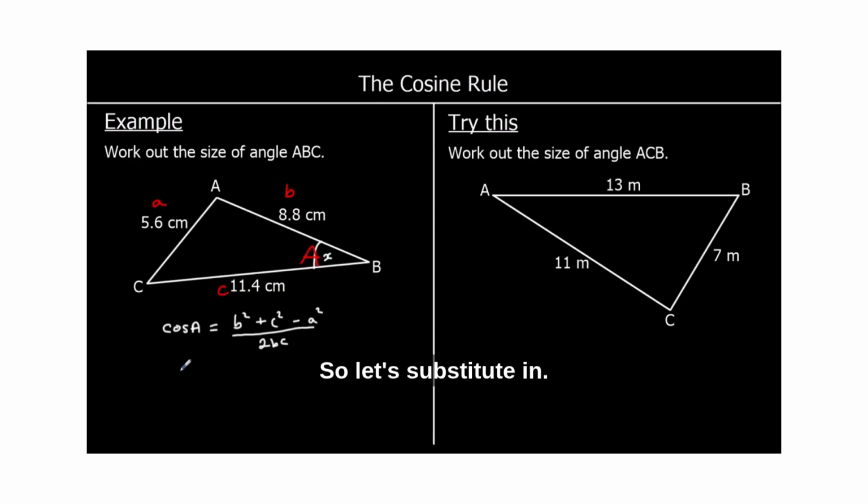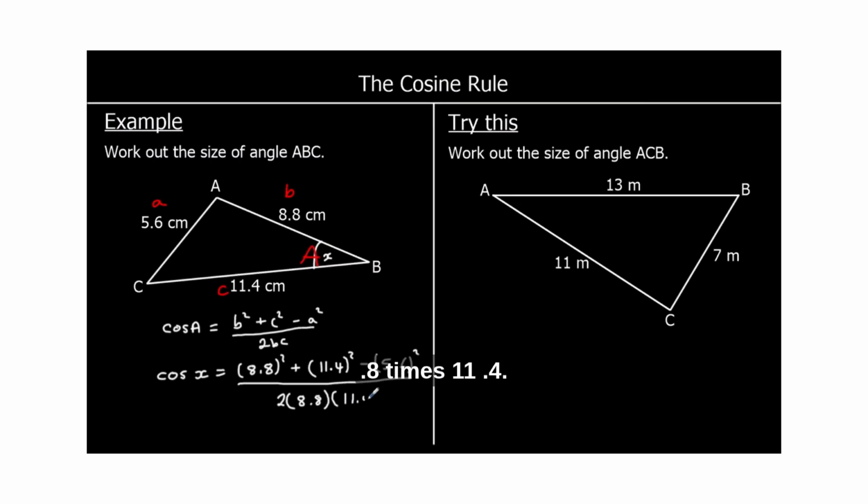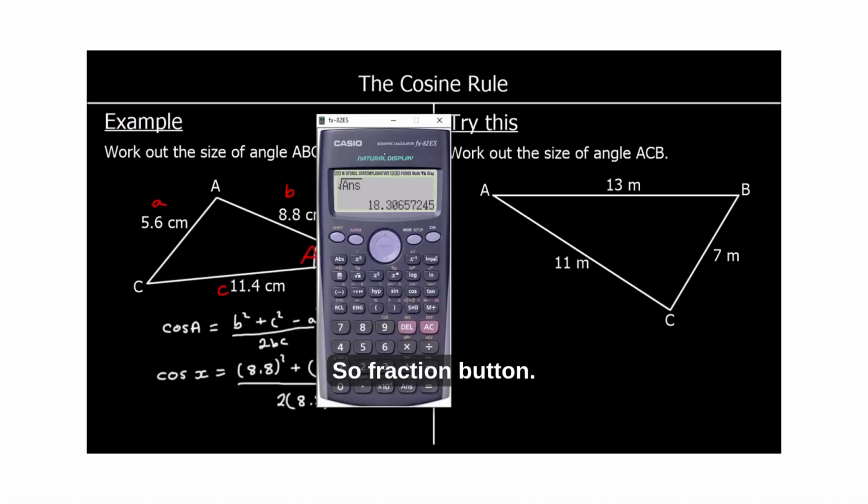So let's substitute in. So we've got cos x this time, and that's b squared, which is 8.8 squared, plus c squared, 11.4 squared, minus a squared, which is 5.6 squared, over 2bc, so 2 times 8.8 times 11.4. So we're going to type this into the calculator.